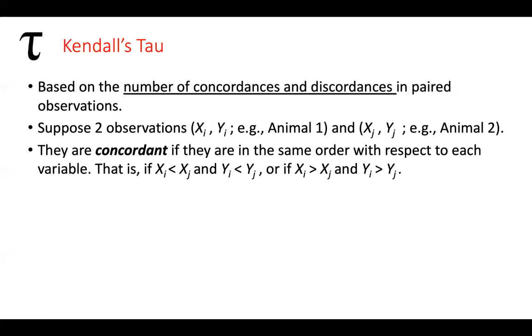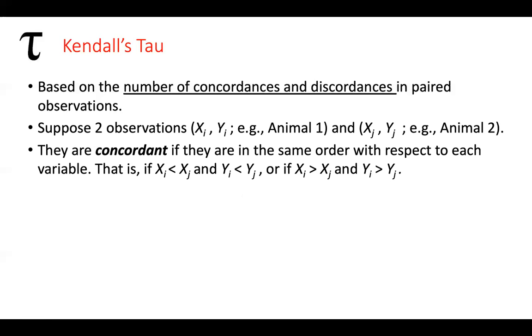What Kendall's tau is basically determining is whether these observation pairs are concordant or discordant. They are concordant if they are in the same order with respect to each variable. So if animal 1 eats less of the food than animal 2, so if xi is lower than xj, and animal 1 also doesn't jump as high as animal 2, then this pair is concordant.